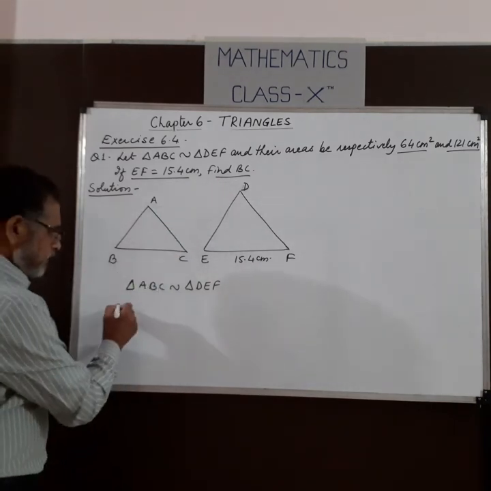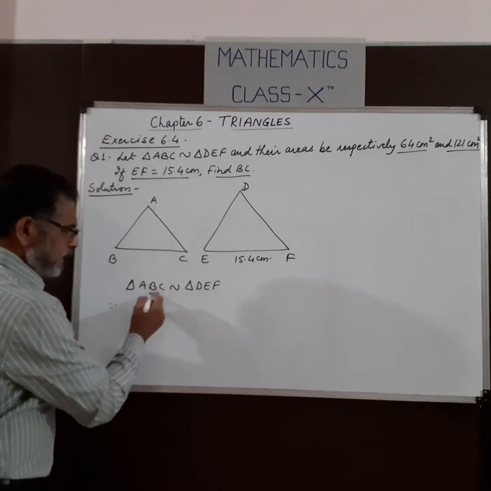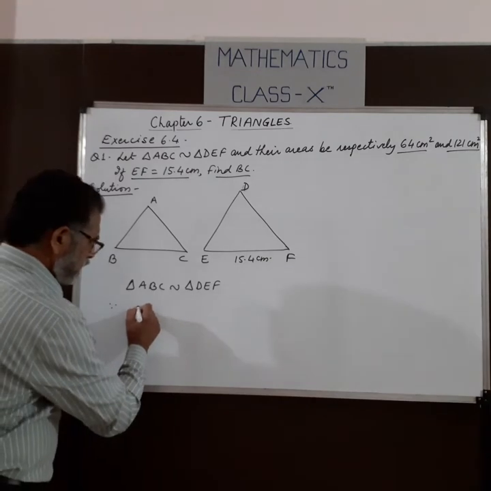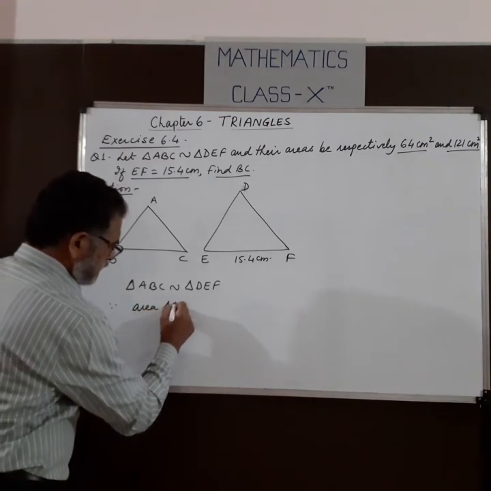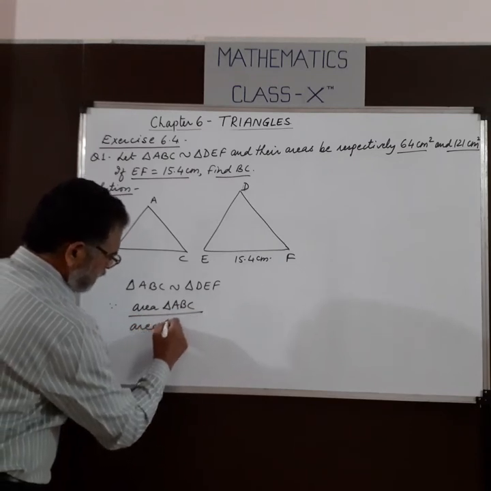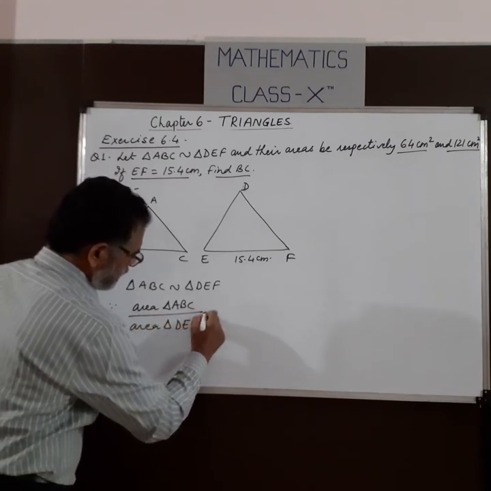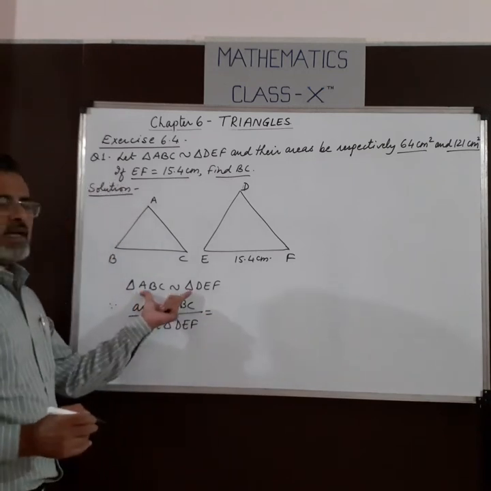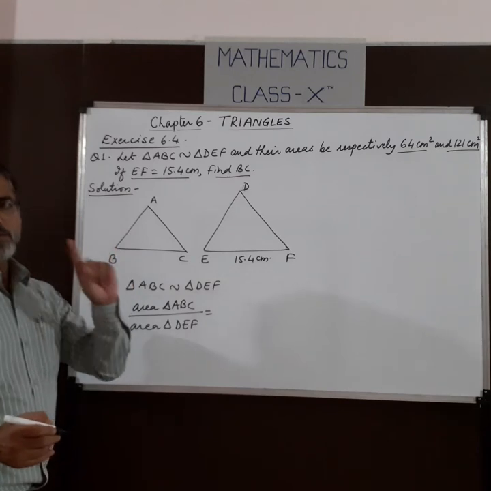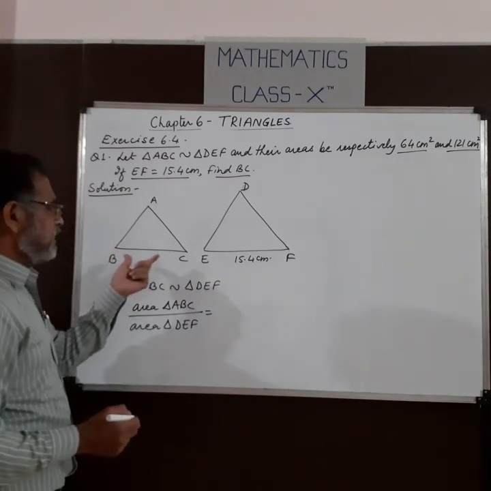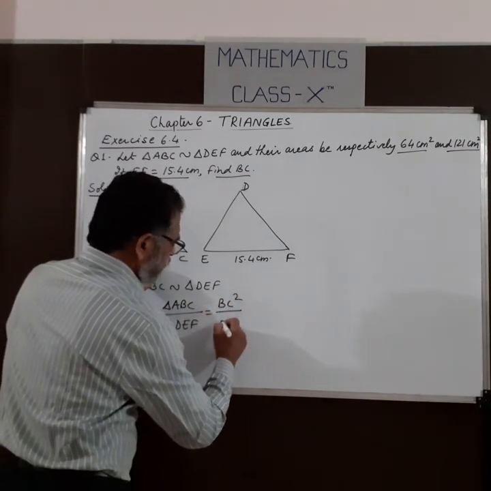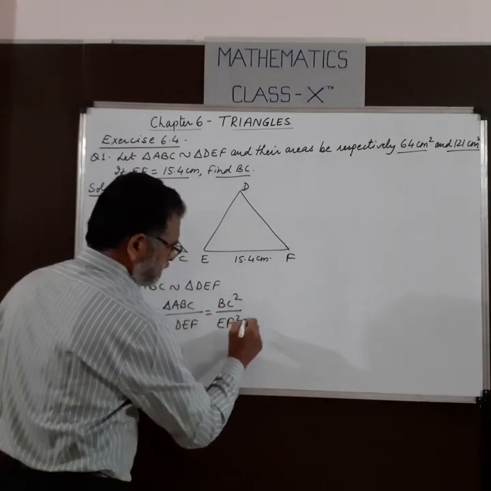Now, since the ratio of the areas of two similar triangles is equal to the squares of the ratio of their corresponding sides, area of triangle ABC upon area of triangle DEF will be the same as BC square upon EF square.